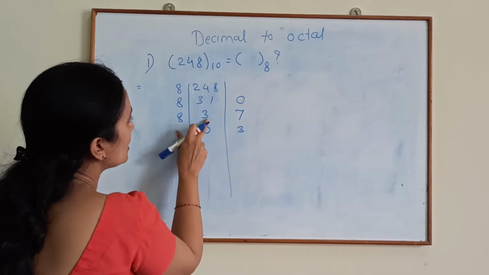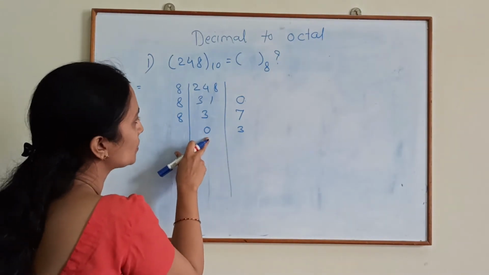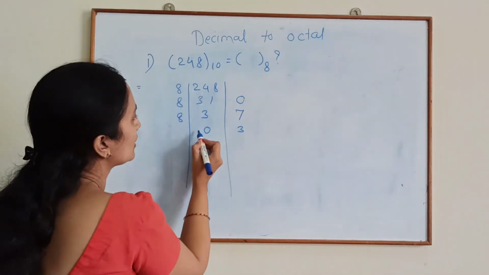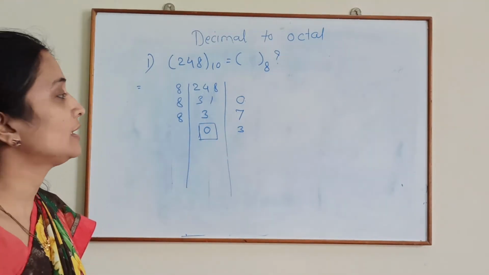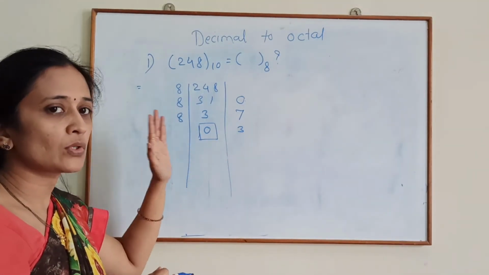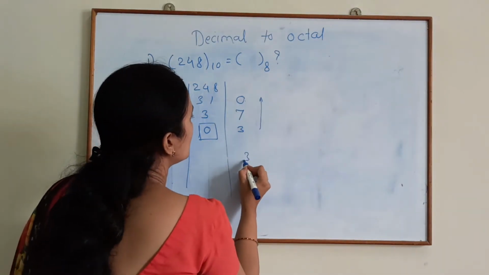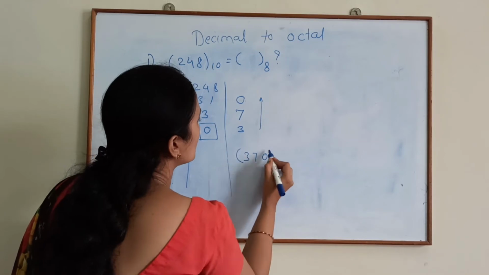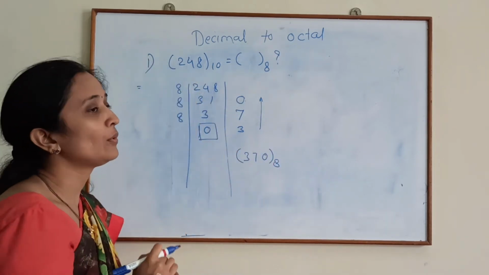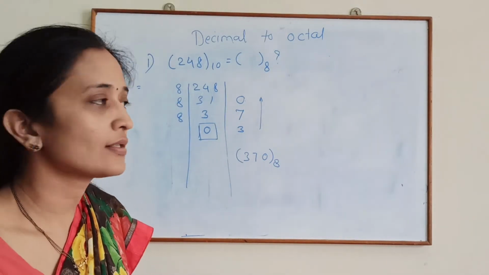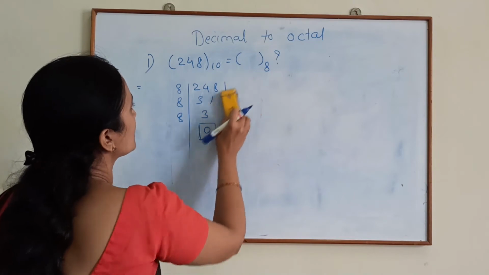We cannot divide 3 by 8. Therefore, 8 zeros are 0 and remainder is 3. Here we have got 0. Here we have to stop dividing the number by 8. And the number will be 370. This is the octal equivalent of 248. This is the method for conversion from decimal to octal. One more example we will take.